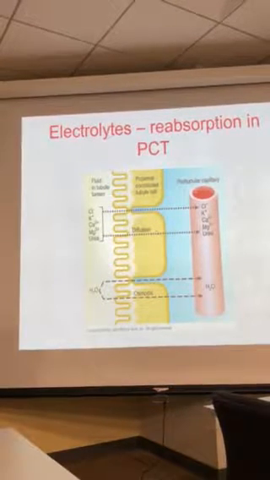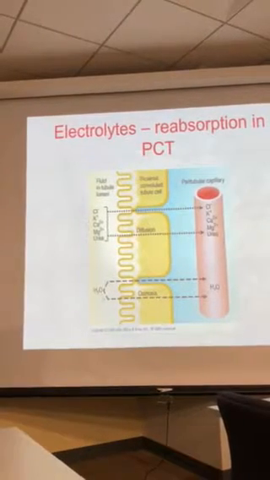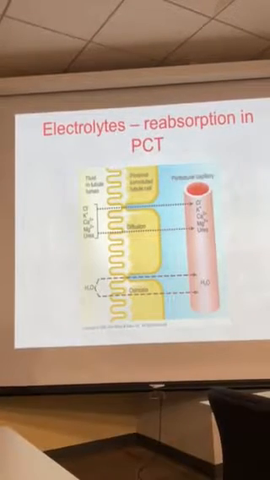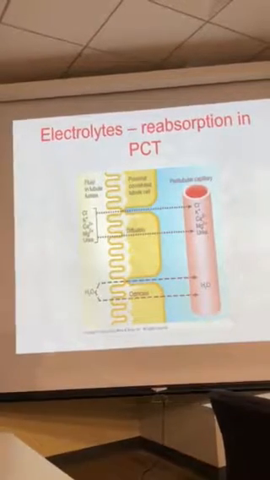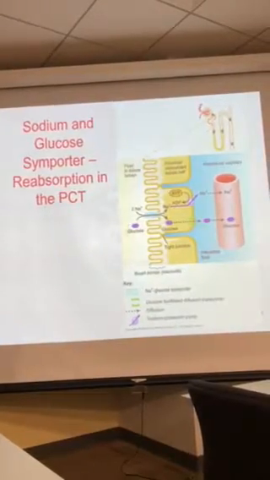Don't have to pump those in there. Water can be reabsorbed here as well, and water can be reabsorbed by osmosis depending on concentration. So that's electrolytes in the proximal convoluted tubule.